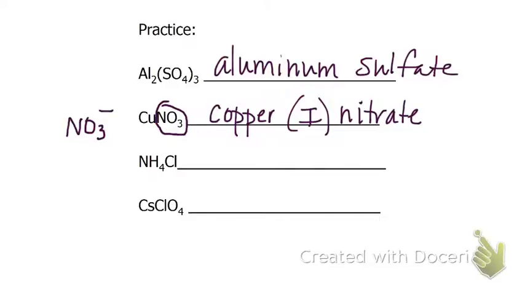So the next one, NH4Cl, is your one exception, because it is actually the only positive polyatomic ion. On any other time, look and see if it starts with a metal or a non-metal, and if it starts with a metal, it's going to be ionic. If it starts with a non-metal, it's going to be a covalent molecular compound. This is the one exception to that, because clearly nitrogen is a non-metal, but it's in that polyatomic ion.